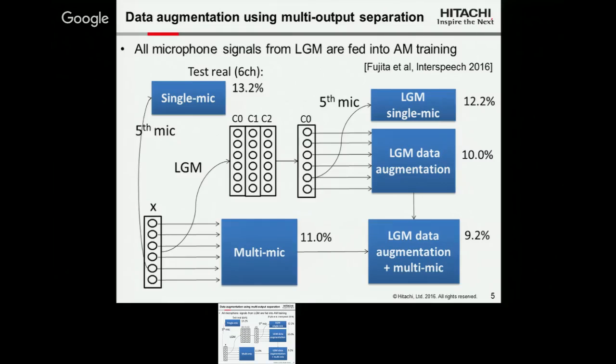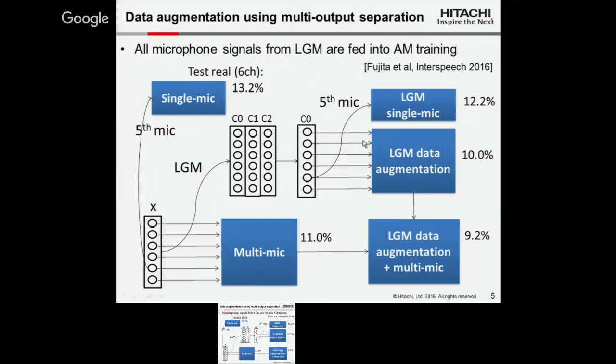This is our approach to data augmentation for acoustic modeling. The very baseline uses only the fifth microphone. Our CHiME 3 system used the fifth microphone with the enhanced signal. The CHiME 3 system also used multi-microphone training, where all microphone signals are fed into acoustic model training.